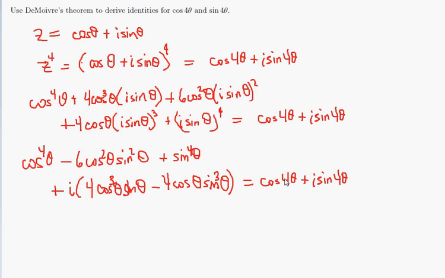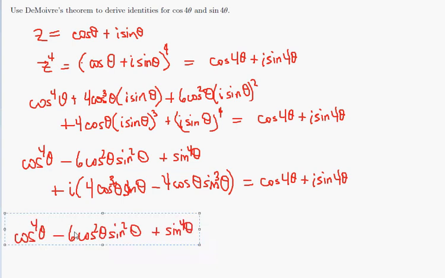So if these two complex numbers are equal, that means that their real parts and imaginary parts have to be equal. So the real part of the left-hand side must be equal to the real part of the right-hand side. So those two match.